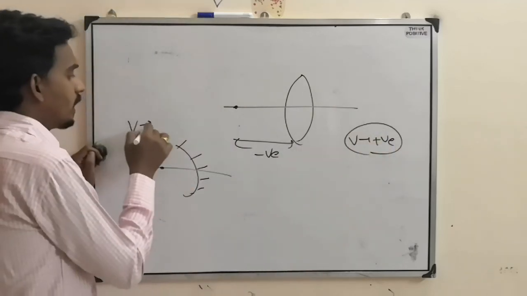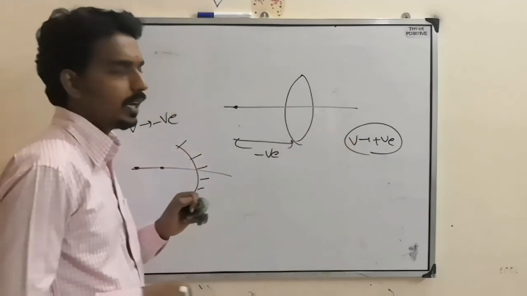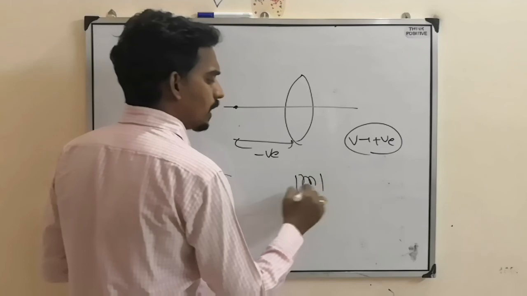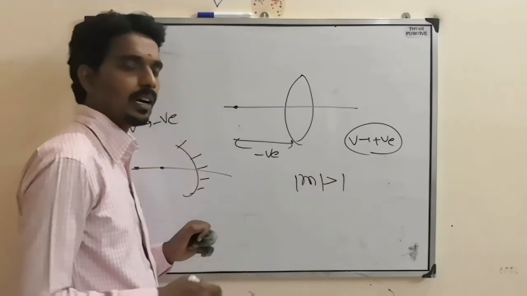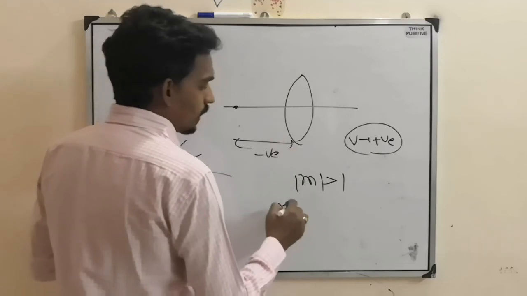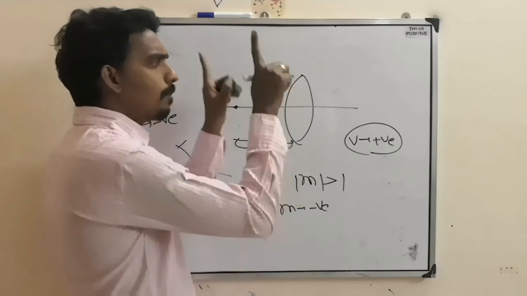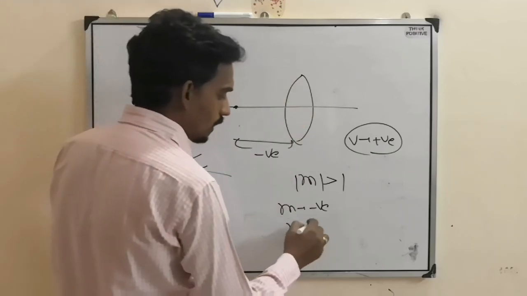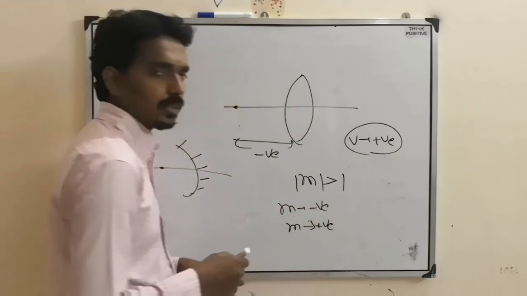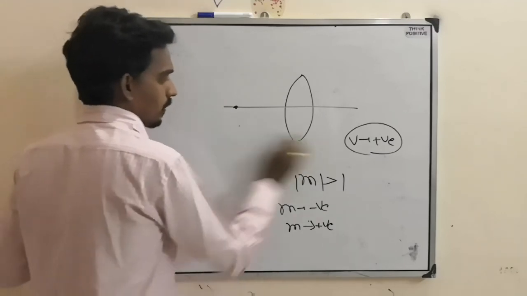So here V positive means real, and the remaining is the same: magnification magnitude greater than 1 means enlarged, less than 1 means diminished, and magnification negative means inverted, one up, one down. Both up or both down means magnification positive, then we conclude that it is an erect image. So these things you have to remember.